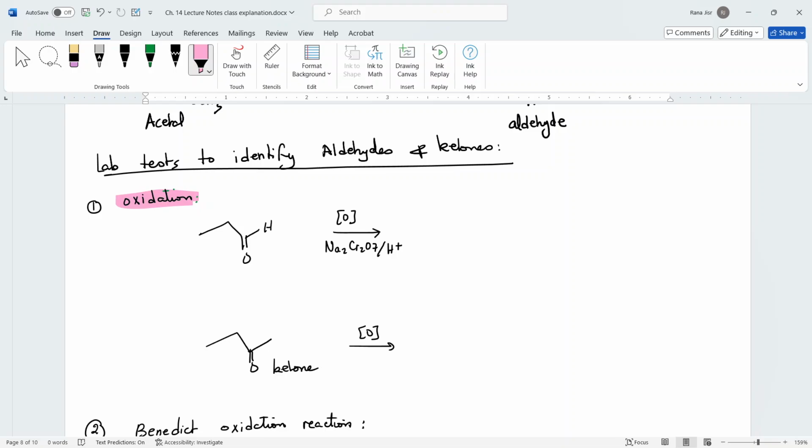So in oxidation, normally the solution of the sodium chromate is orange. And I know that this is an oxidizing reagent that turns this hydrogen into an OH.